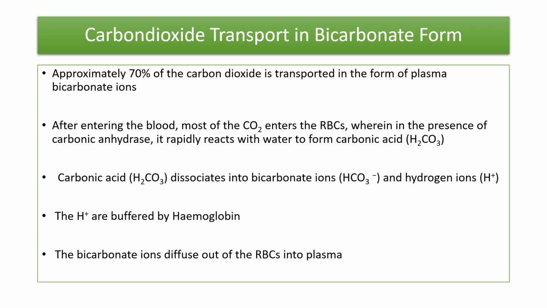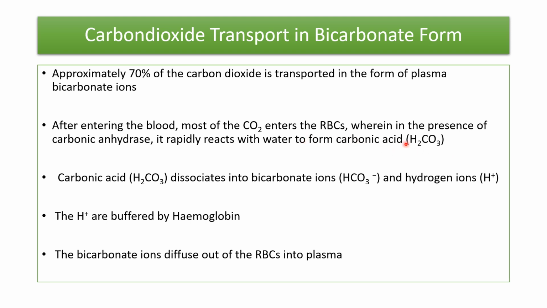Most of the carbon dioxide that is transported in the blood is in the bicarbonate form, that is 70%. How is this bicarbonate formed? After entering the blood, most of the carbon dioxide that enters the RBC reacts rapidly with water to form carbonic acid.